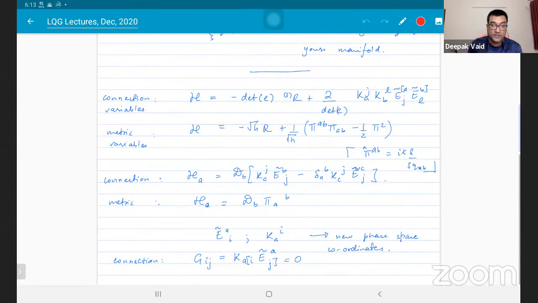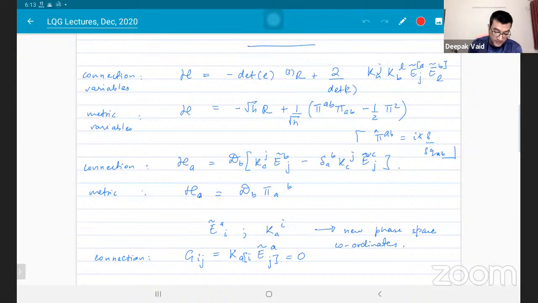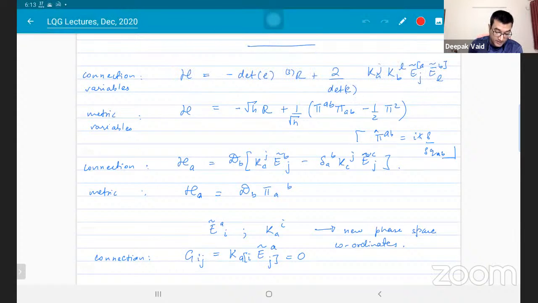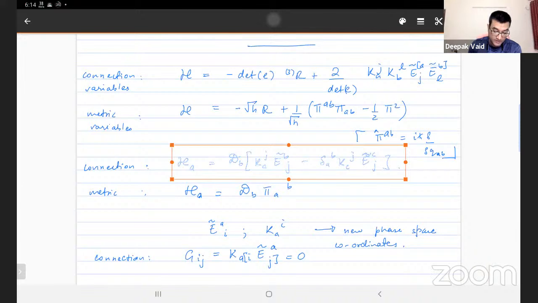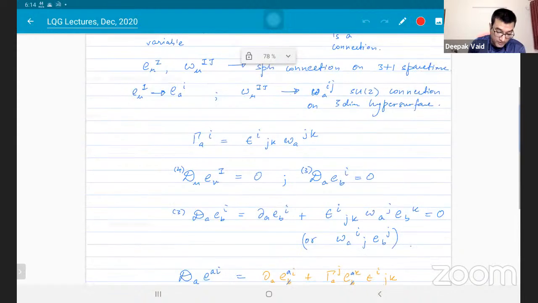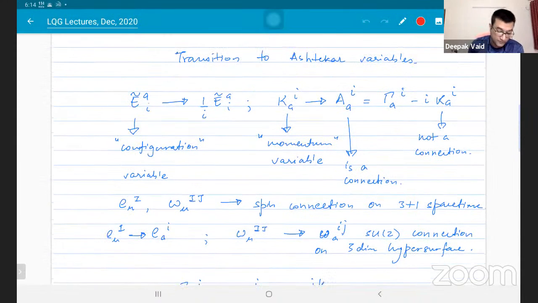So finally, in terms of connection variables, we have this summary that if you look at the Hamiltonian constraint, it looks like this, and the momentum constraint looks like this. Now, again, this is not particularly enlightening. So we perform a coordinate transform to these Ashtekar variables.